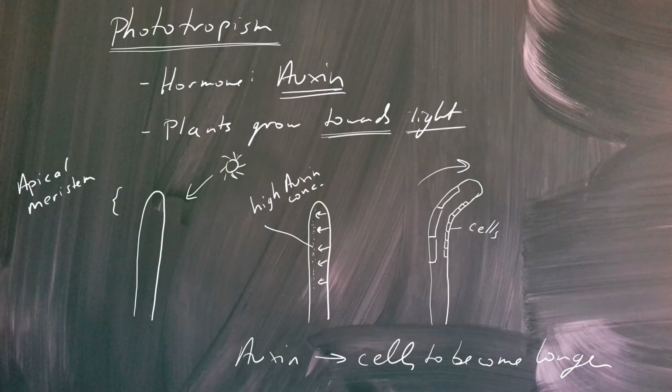Now, of course, people wanted to check this and actually wanted to see if this is indeed correct. So what they have done is the following. Just going to show you here as well. They cut off the apical meristem. They simply cut it off. So the tip here was cut off, and they removed it.